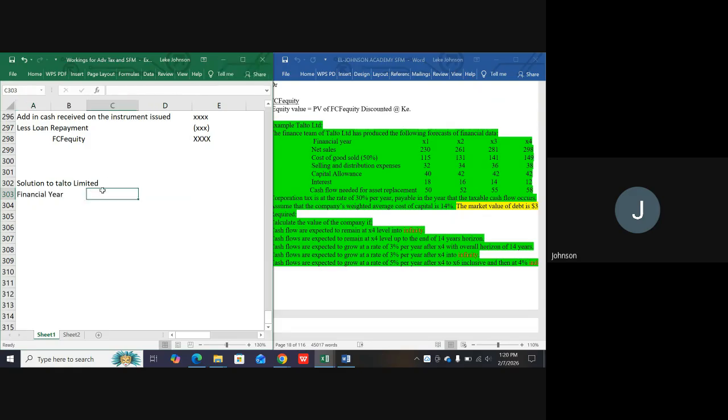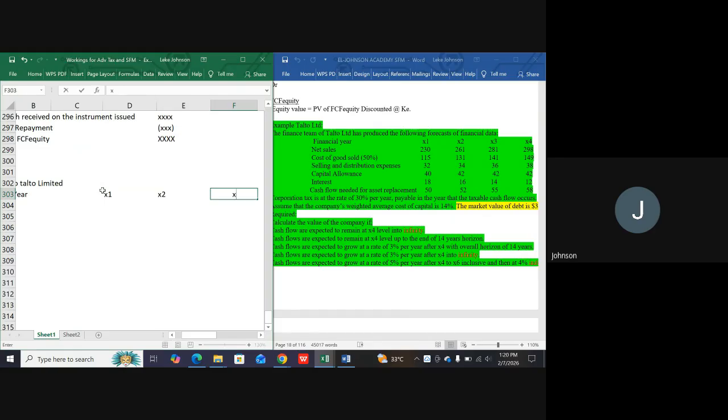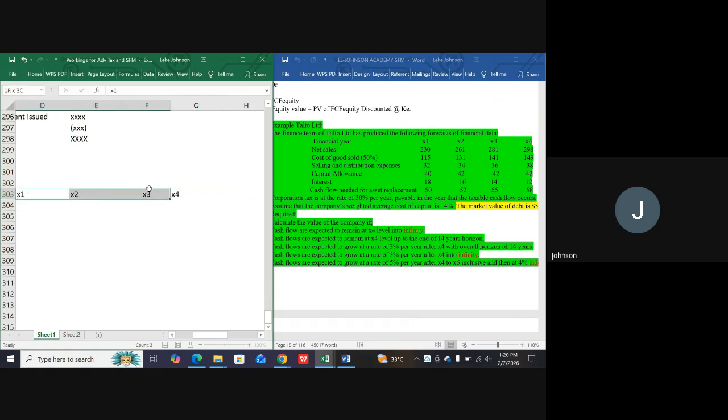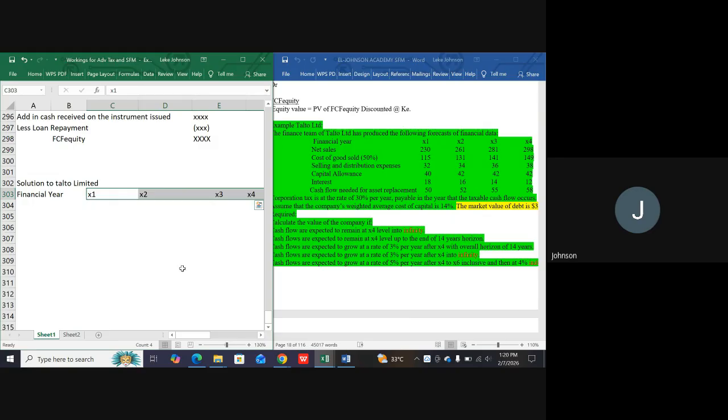Over here we have X1, X2, X3, X4. I'm going to take this now and shift it inside. Okay, it's making sense a little. Yeah, so this is what we have.